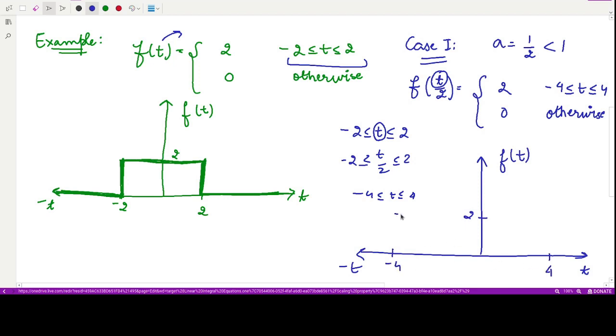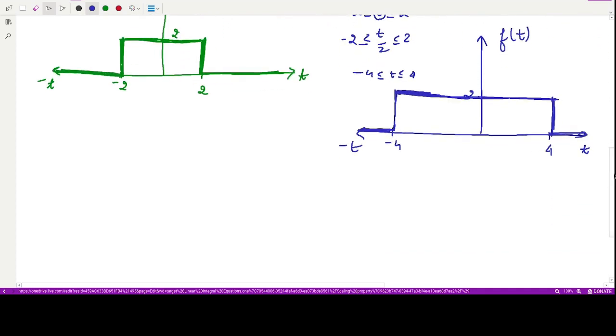So in between -4 and 4 your function's value is equal to 2, right? Obviously this is a straight line, and otherwise at all other points its value is 0. So you can clearly see that it has been expanded when you multiply by a factor of 1 by 2, which is less than 1.